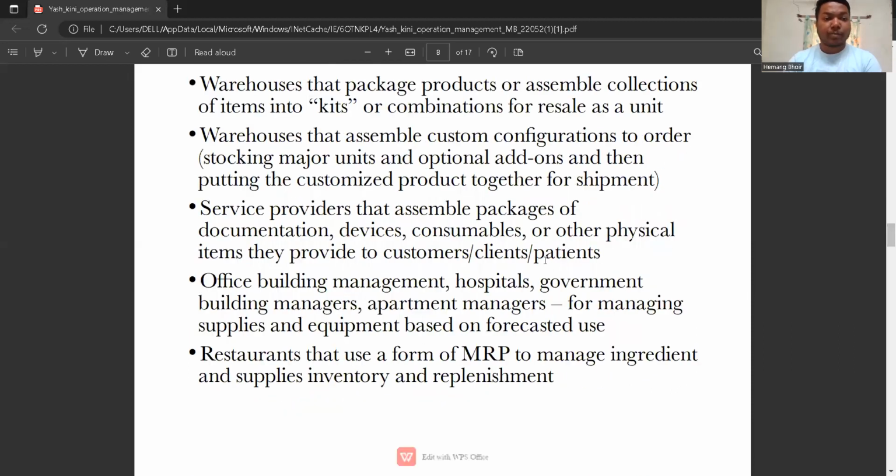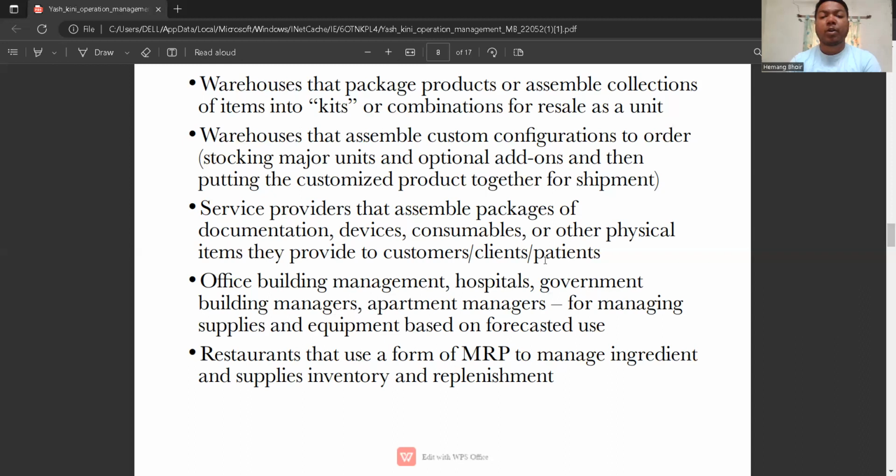First, warehouses that package products and assemble collections of items into kits or combinations for resale as a unit. Warehouses that assemble custom configurations to order, stocking major units and optional add-ons, and then putting the customized product together for shipment. Service providers that assemble packages of documentation, devices, consumables or other physical items they provide to consumers, clients, patients.